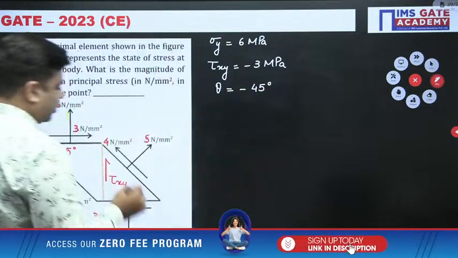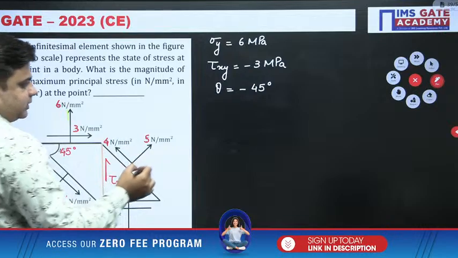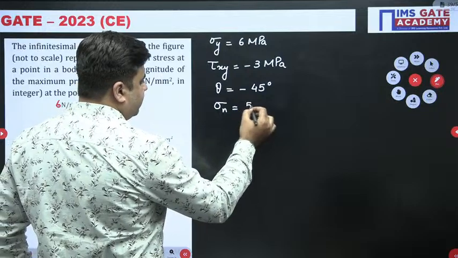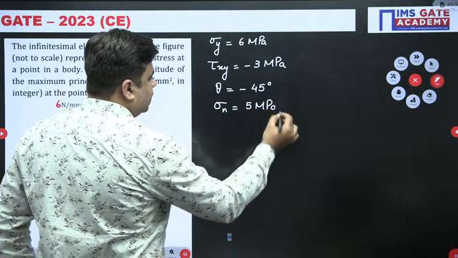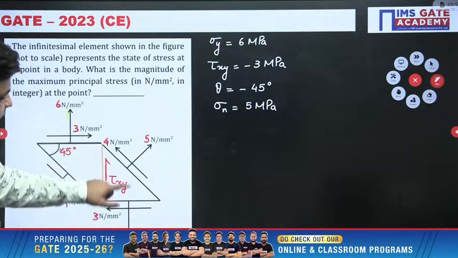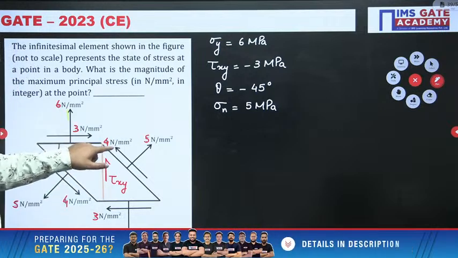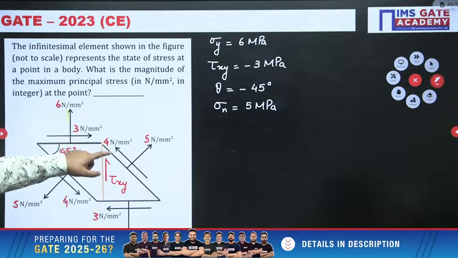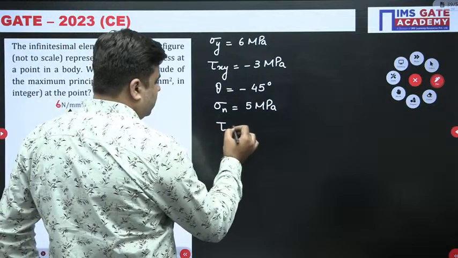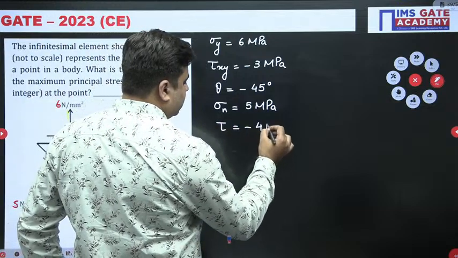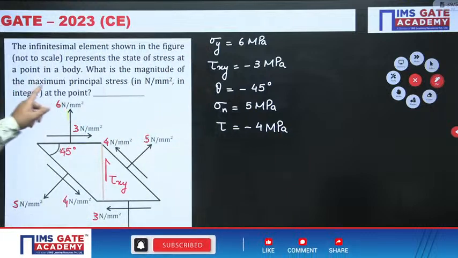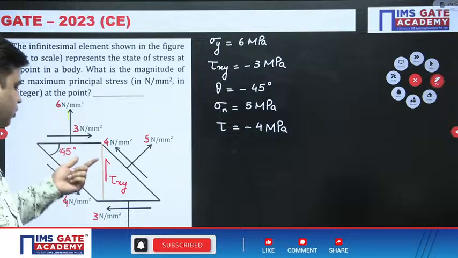And over this oblique plane, the normal stress is tensile. So I will write down normal stress on the oblique plane is 5 megapascal. Very good, Saundarya, correct answer. Then you can see the shear stress on the oblique plane is giving the anti-clockwise sense of rotation, so the value of shear stress on this oblique plane is minus 4 megapascal. Now what you need to find out is the maximum principal stress for this element.